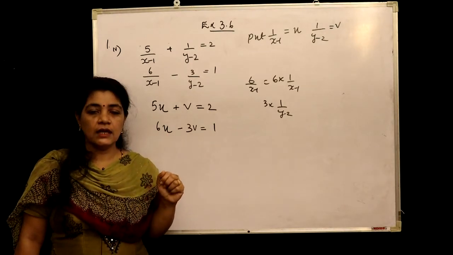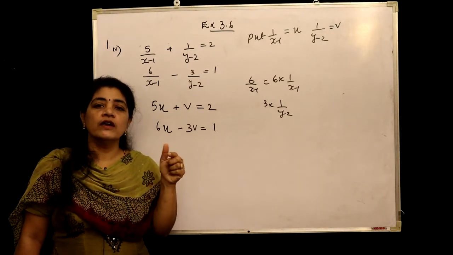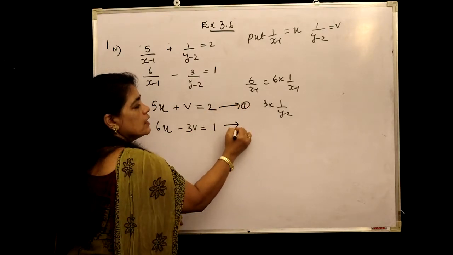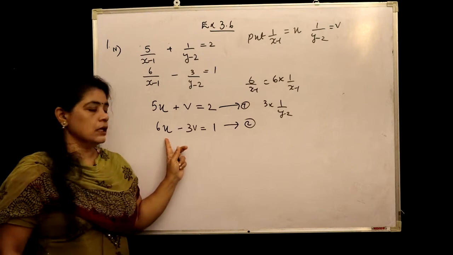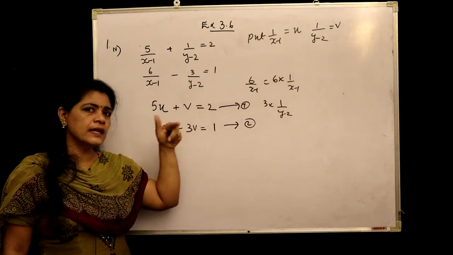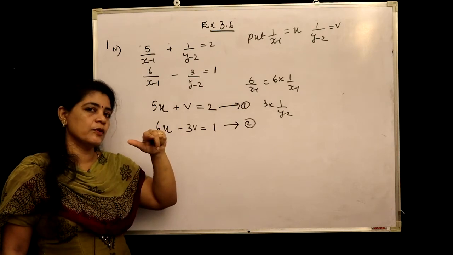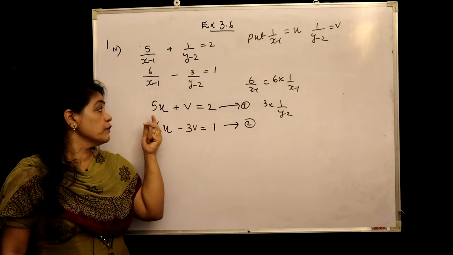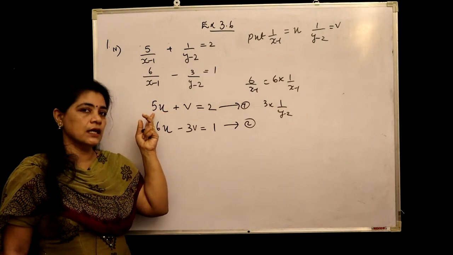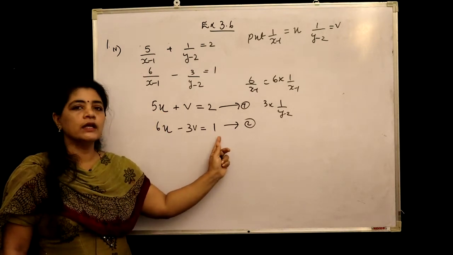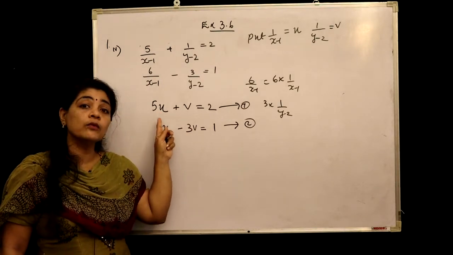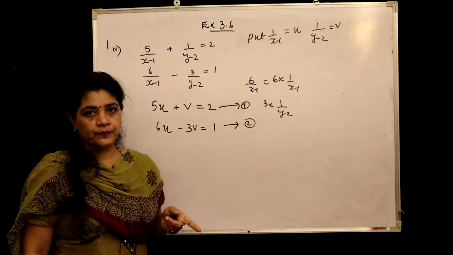Why? Because in the previous cases we multiplied this equation, which we can mark as equation 1, with the coefficient of u in the second equation, that is 6. And the second step we did in the previous problems was to multiply the whole equation by the coefficient 5, so that we made the coefficient of u in both equations the same.